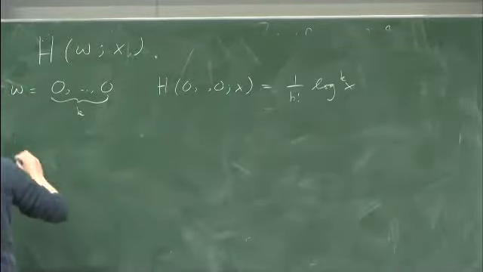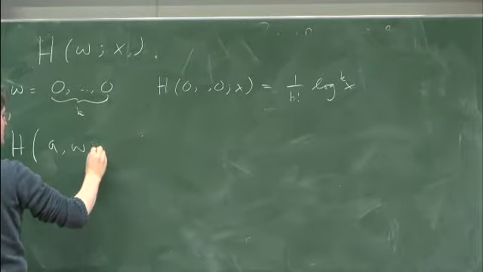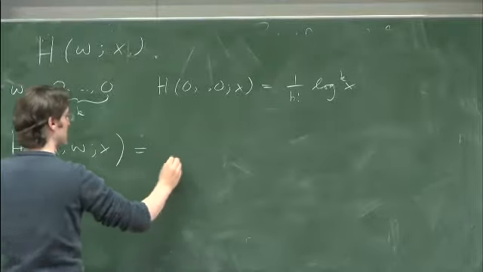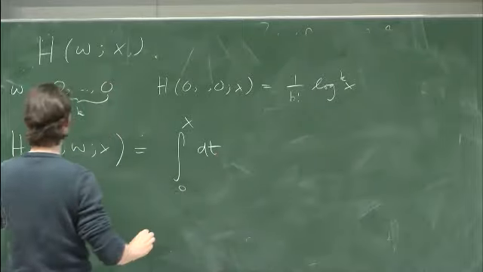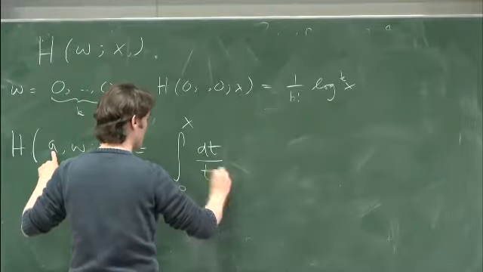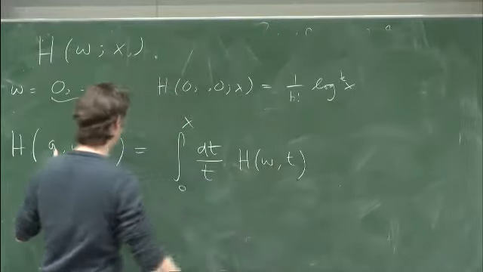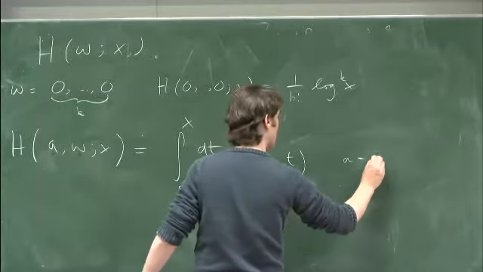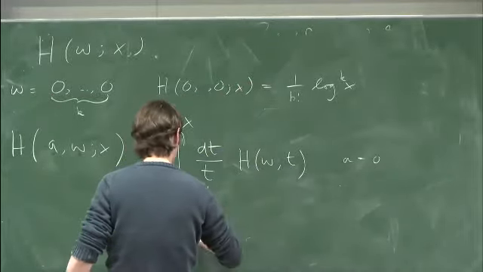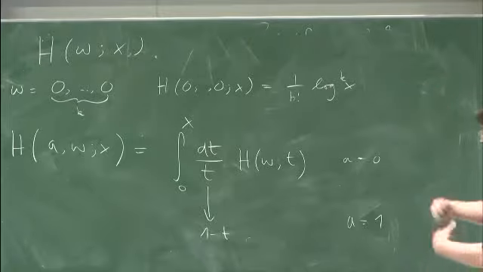Otherwise, if I append a 0 or 1 onto that, then it's the integral up to x of dt over t if a is 0, or dt over 1 minus t if a is 1, of the function with the word w. So that defines iteratively a class of single variable functions.